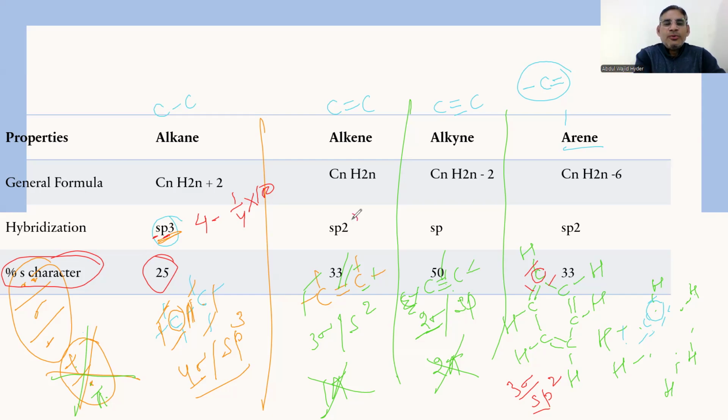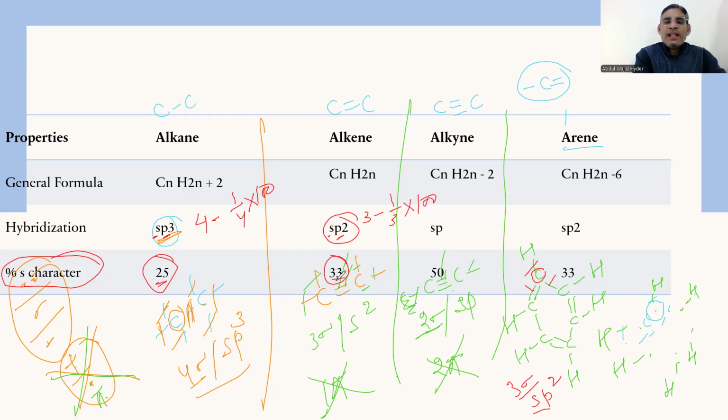Now see here, total is 3. 1 is S, 2 are P. Out of 3, S is 1. So 1 by 3 into 100. If we calculate this percentage, we will get 33%. So the percentage S character in alkane is 25, in alkene it is 33.